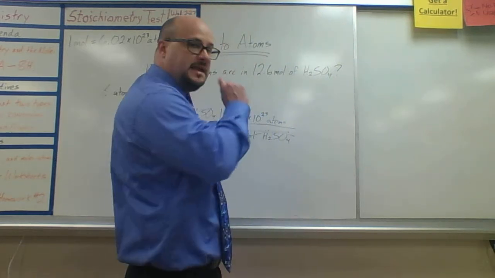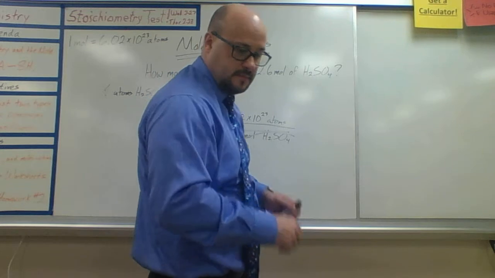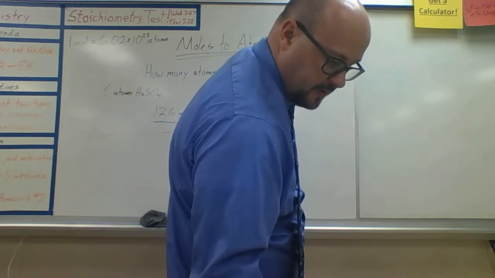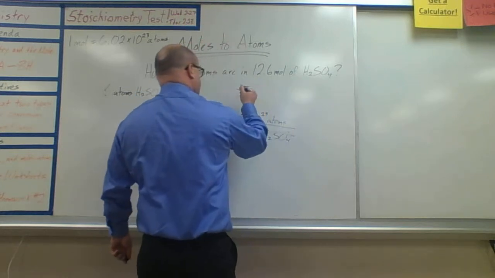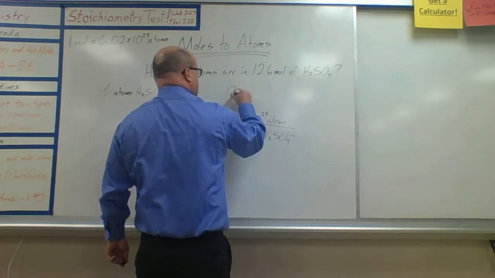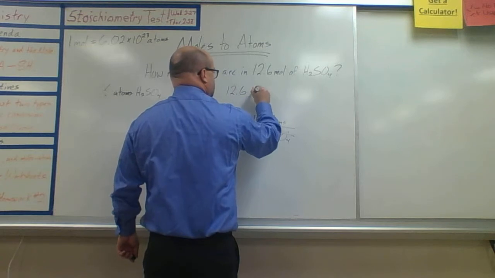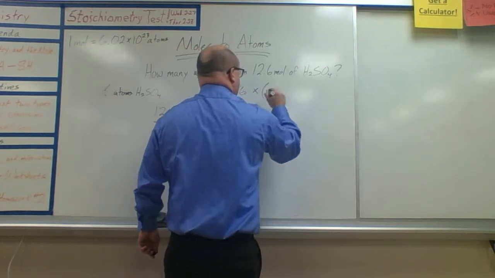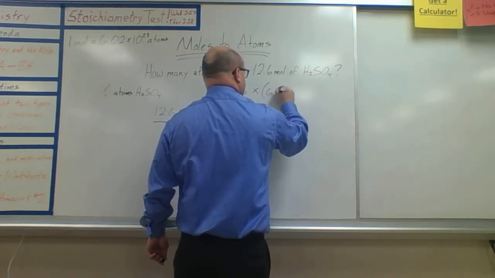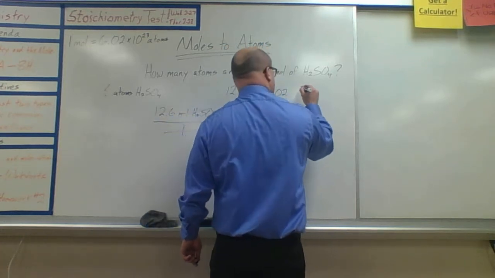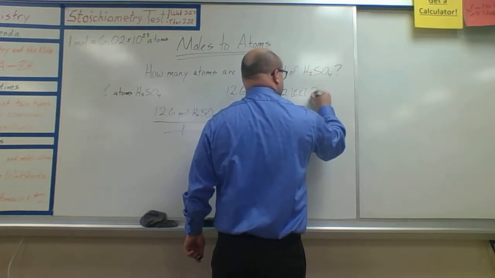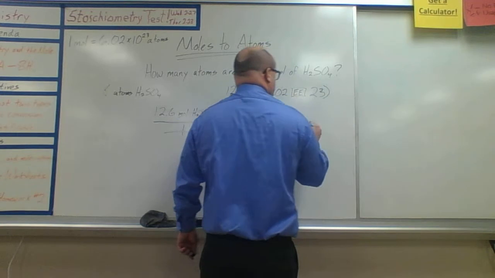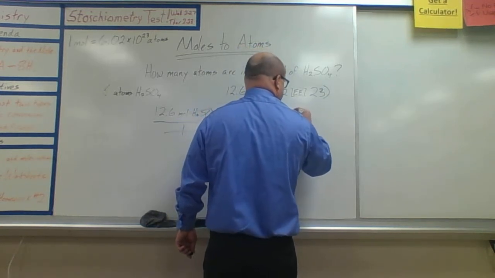So you're going to hit the EE button 1 time. 23. Let me write that down for you: 12.6 times, open parentheses, 6.02 EE 23. Now remember, you just hit this once.